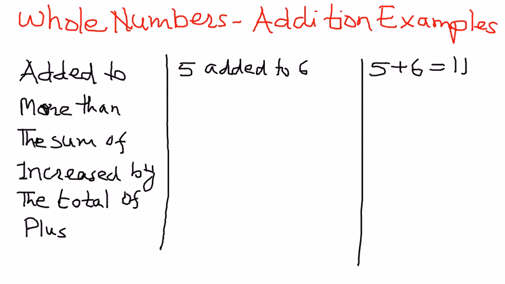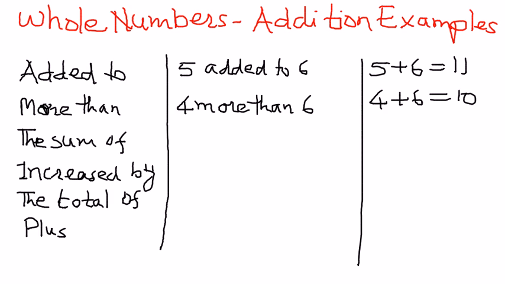Then let's say we have the second one, 4 more than 6. 4 more than 6 means we're going to take 4 and add it to 6, and that makes it equal to 10.